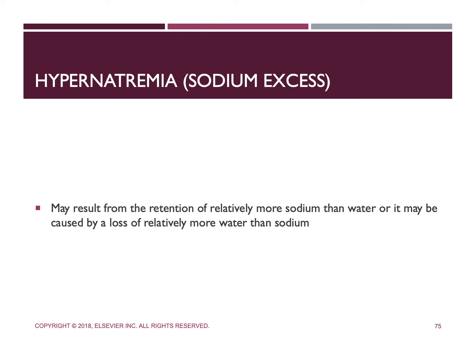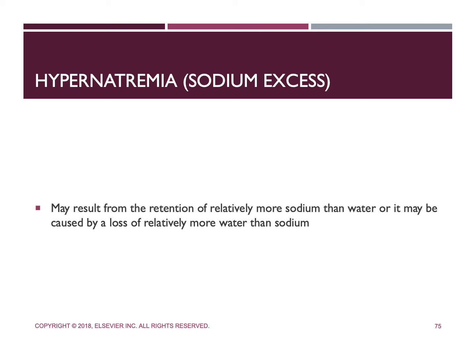So we're talking about hypernatremia now, which is what we call sodium excess. This may result from the retention of relatively more sodium than water, or it may even be caused by a loss of relatively more water than sodium.